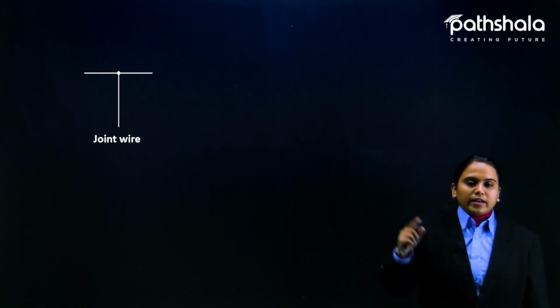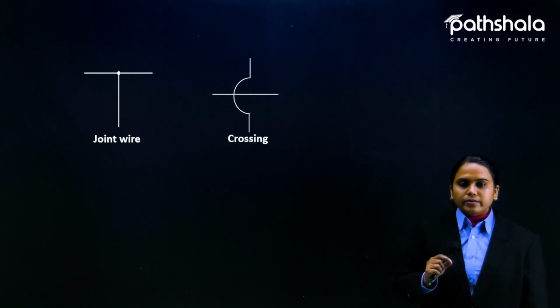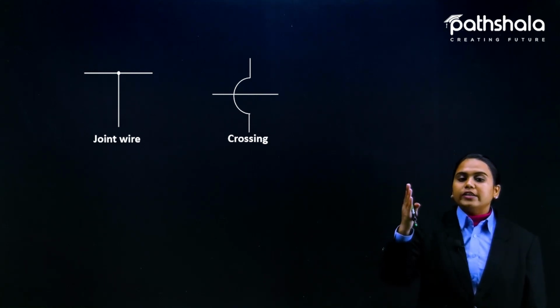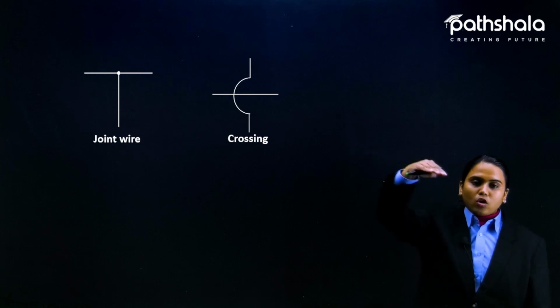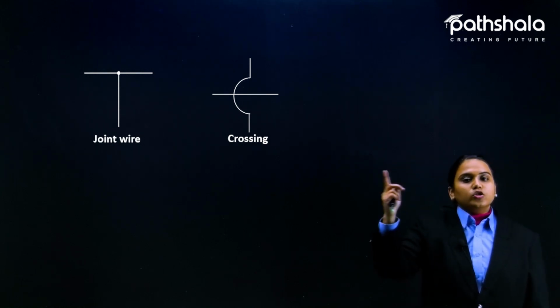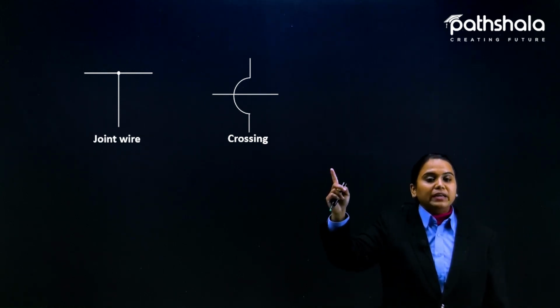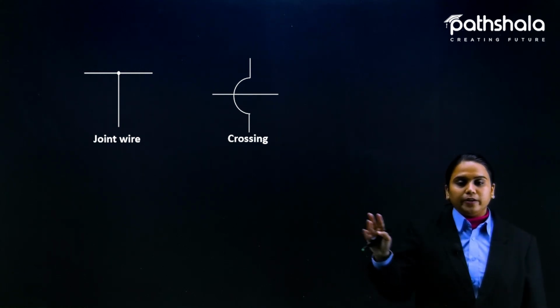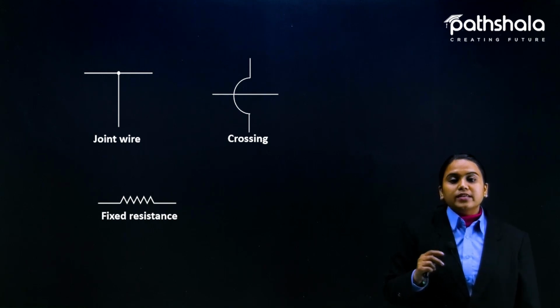This is a crossing, where one wire is not touching the other wire, it is crossing over it from above. They are not actually intersecting, but in a joint wire they are actually intersecting. Now this is a resistance.